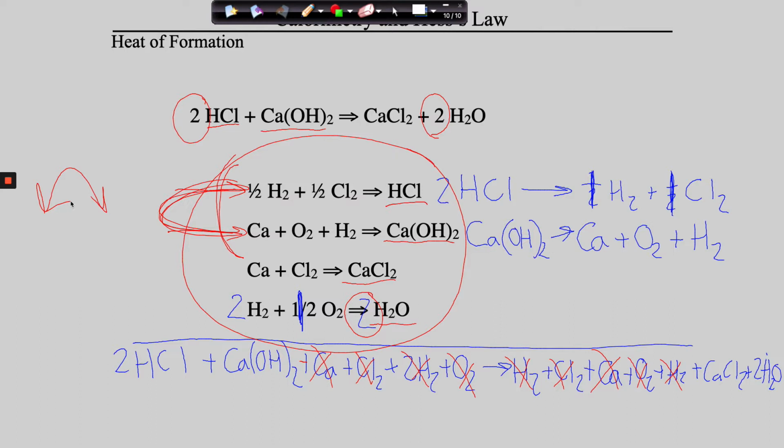So we flip them around and then we multiply by the coefficients. And then guys, for the products, we don't need to flip them over, we just need to multiply by the coefficients. Does that make sense? Guys, don't look away.